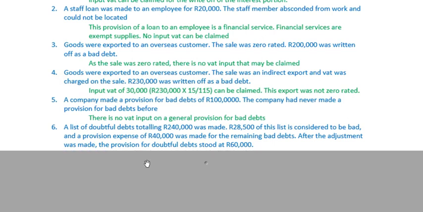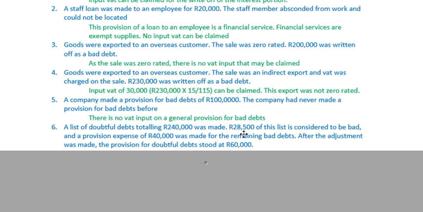Number 6. It says a list of doubtful debts totaling 240,000 was made. 28,500 of the list is considered to be bad, and a provision expense of 40,000 was made on the remaining debts. After the adjustment was made, the provision for doubtful debts stood at 60,000. So guys, it's only what is bad that can be claimed, which is 28,500 times 15 over 115.